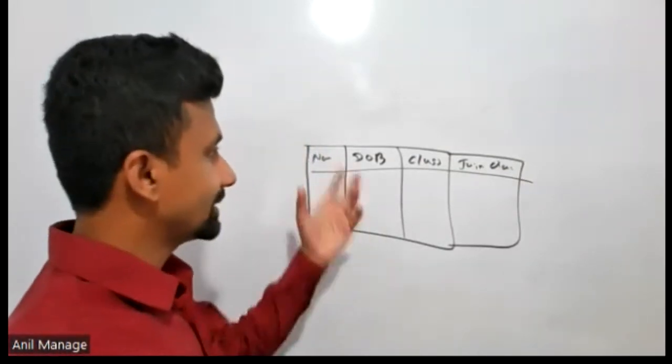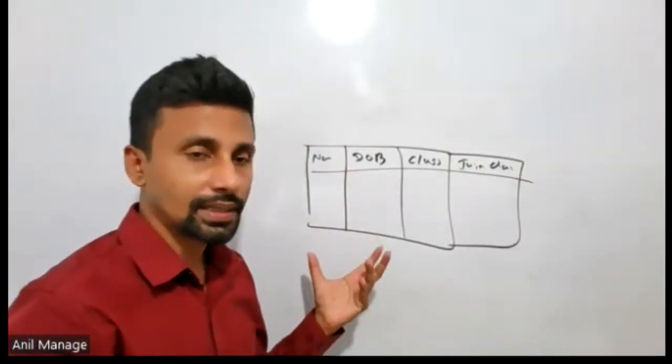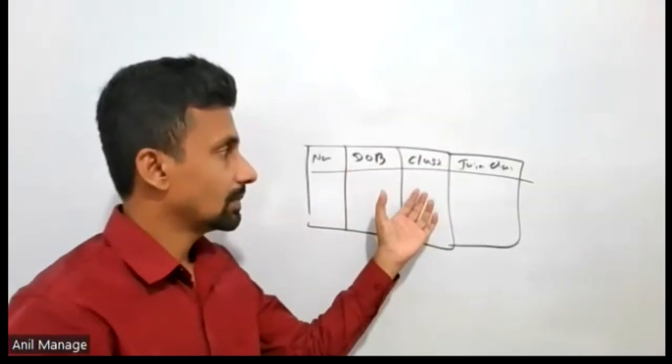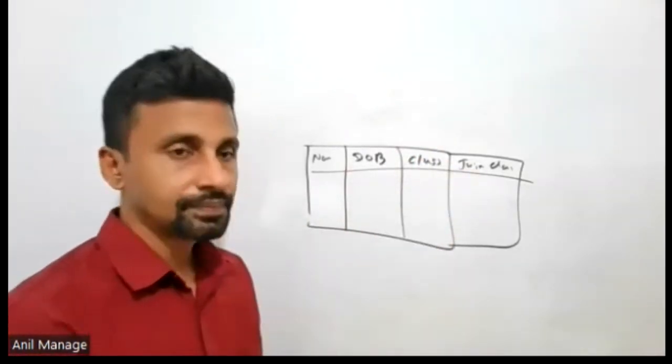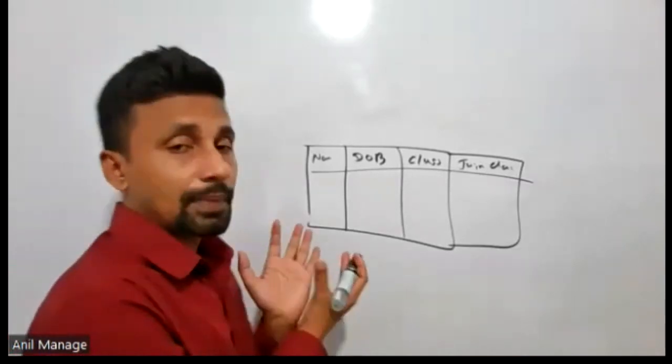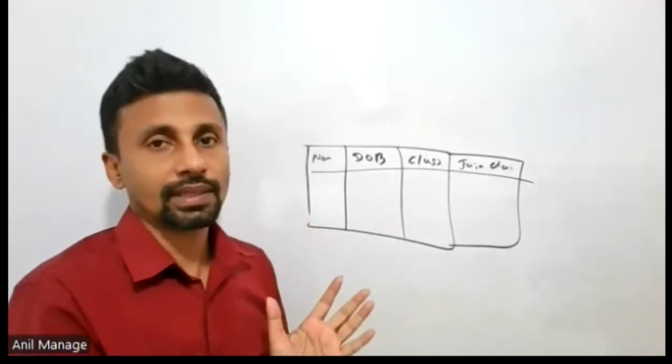Now, with date of birth, students can be born on the same date, can be in the same class, name can be repeated, join date can be repeated. But I can't find a primary key here. Suppose I can't find a primary key here.